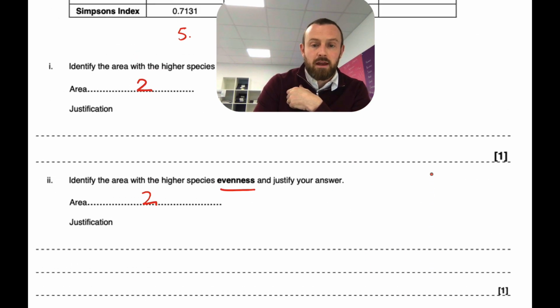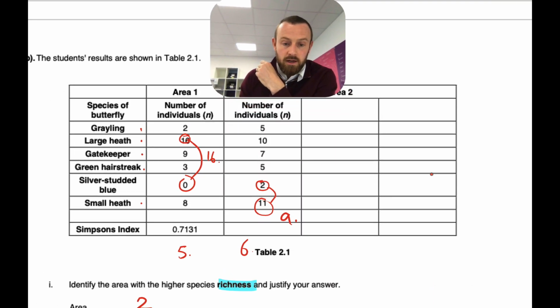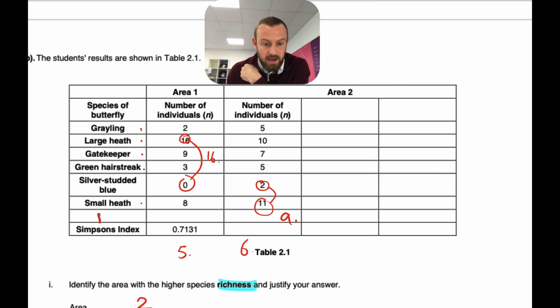So we need to use the table. Down here, we'll work out what big N is, and we're working it out for Area 2. So let me just rub this out here and leave some space. First thing, we've got to add up the column, which we see here, to work out the total number of all the species in that area.